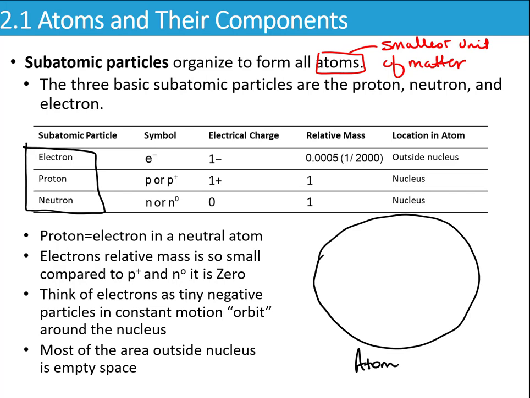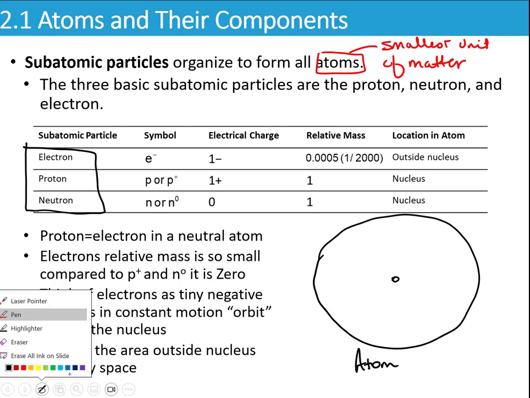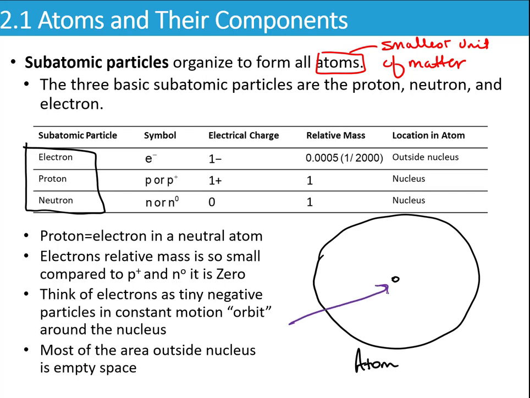These three subatomic particles are found in certain locations within the atom. There is a very, very small, dense center that they named the nucleus. In the nucleus are two of the three subatomic particles: protons and neutrons.